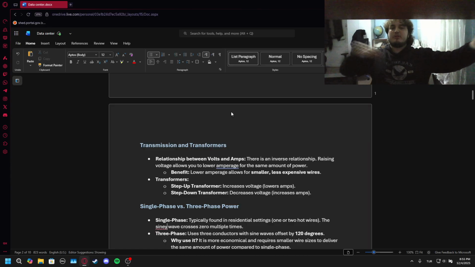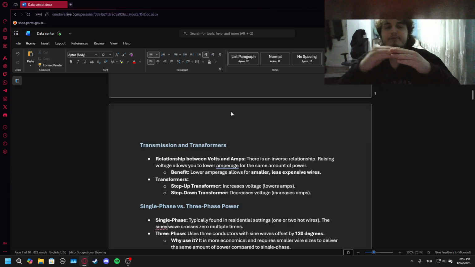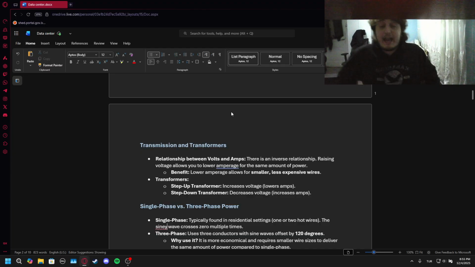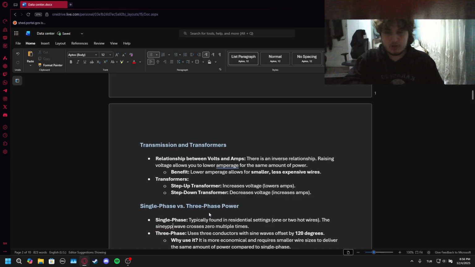If a cable is really long, you would do that. And when you get to, let's say, a neighborhood, you lower the voltage so people can actually use it instead of frying your phone or something like that. So this is how it's basically moving around.